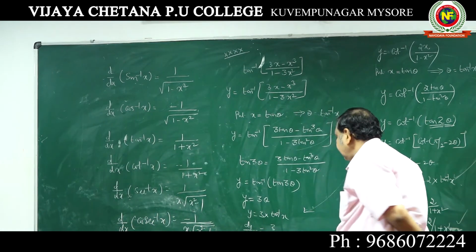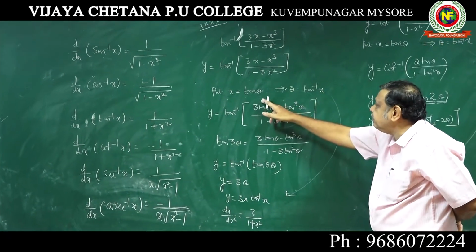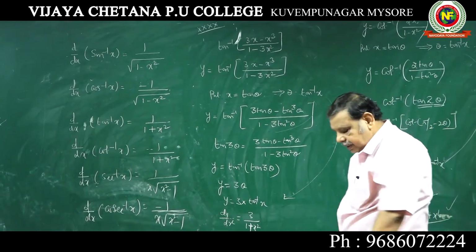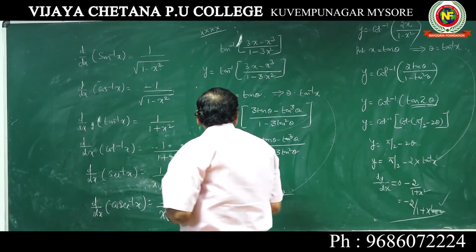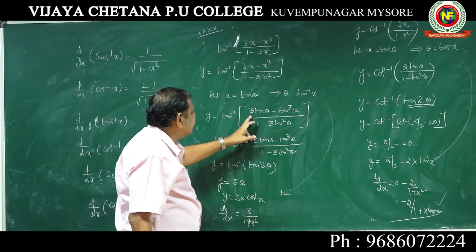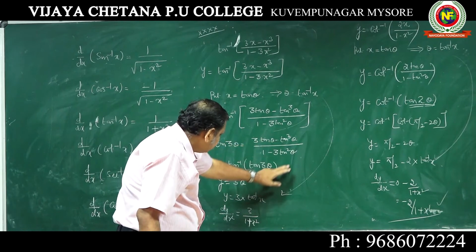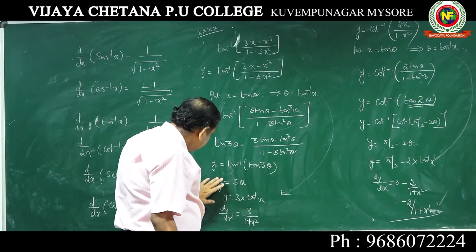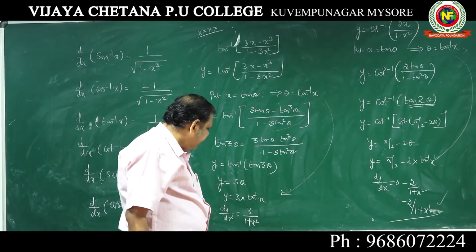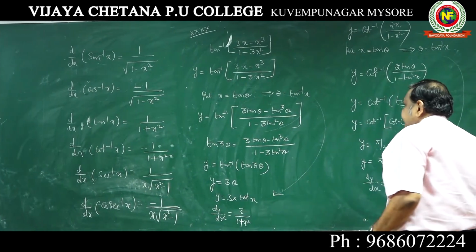Very important formula and very important problem also. We have to put x equal to tan theta, and theta is equal to tan inverse x, and y is equal to tan inverse of 3 tan theta minus tan cube theta by 1 minus 3 tan square theta. This is nothing but tan 3 theta, and dy by dx is 3 over 1 plus x square.